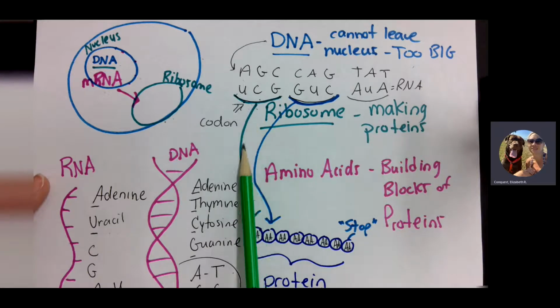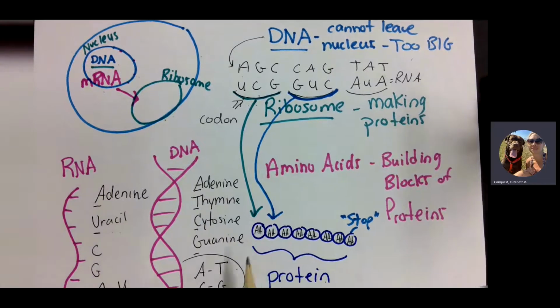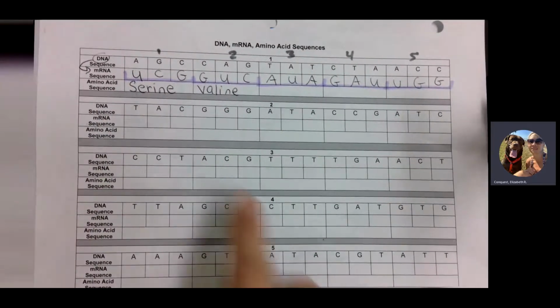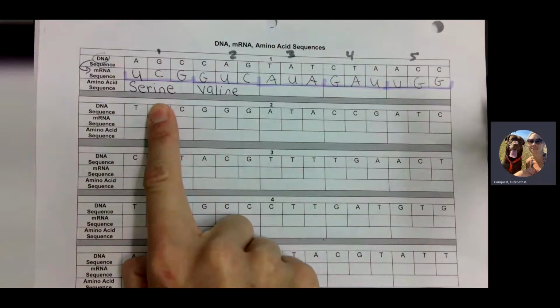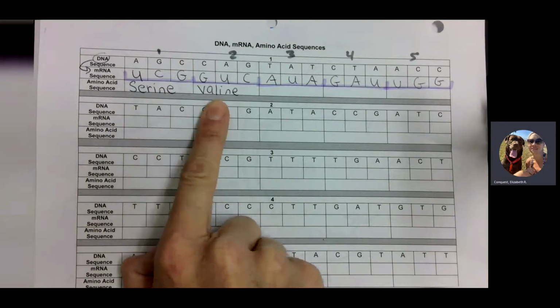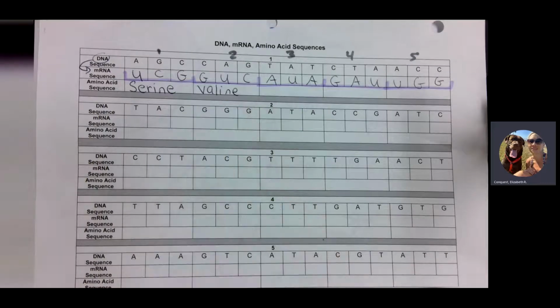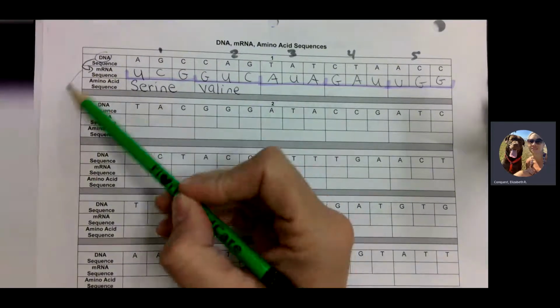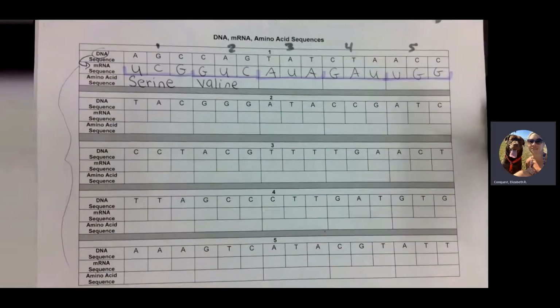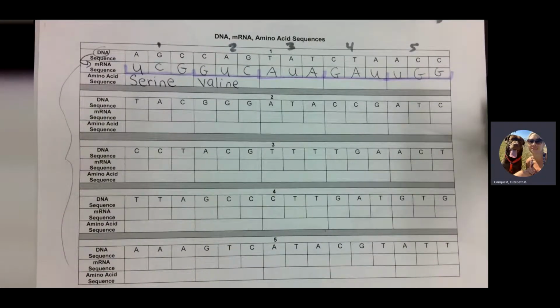So UCG, the name of our first amino acid, if you remember, was serine. So if you have that paper, UCG coded for serine. GUC coded for valine. So hopefully you guys were able to finish this entire paper yesterday.